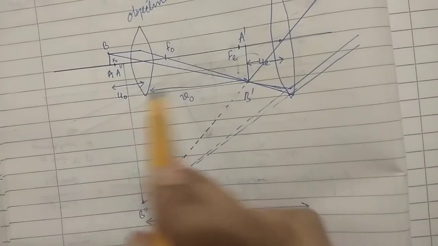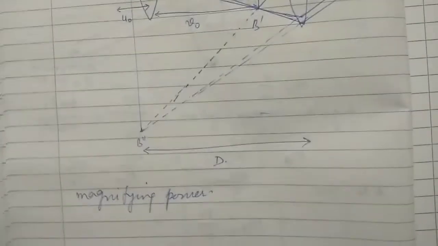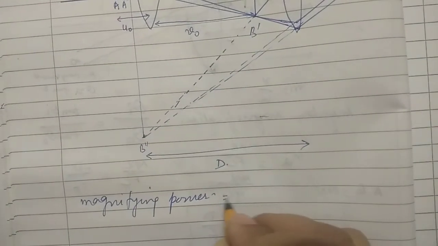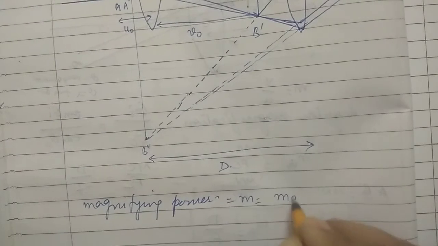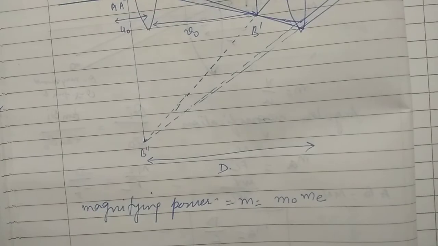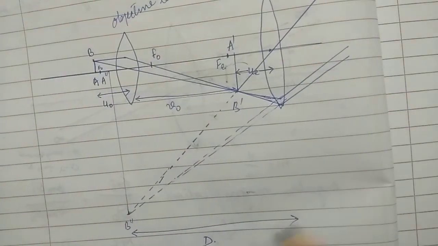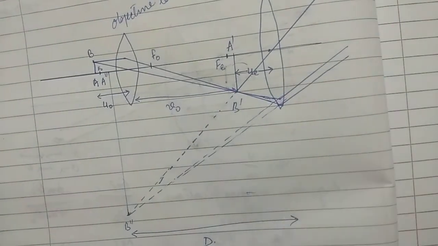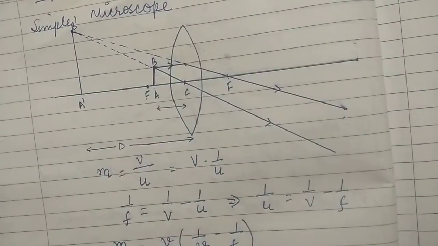Now you see here two lenses we are using. The total magnifying power of this compound microscope is the product of the magnifying power of the objective and magnifying power of the eyepiece. Now for the eyepiece, you see this eyepiece is behaving in the same manner as we have done for the simple microscope.